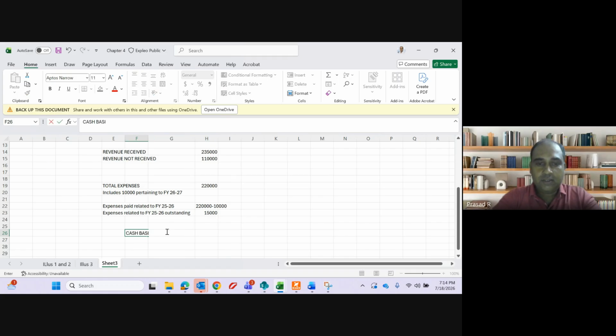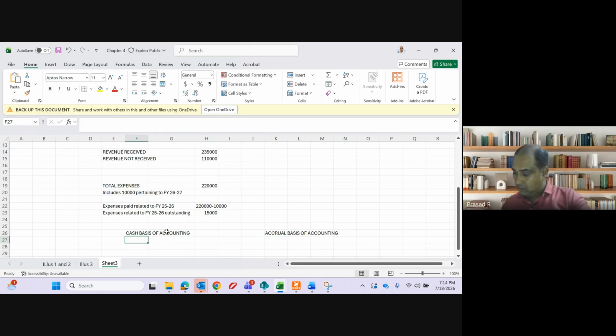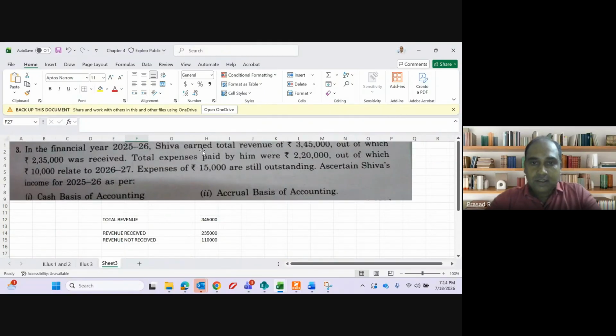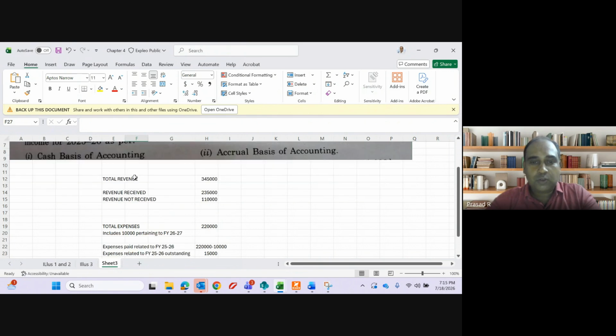Okay. Now let us see cash basis of accounting and accrual basis of accounting. So in cash basis of accounting, let's concentrate on cash basis. Shiva earned total revenue of 3,45,000, out of which 2,35,000 was received.